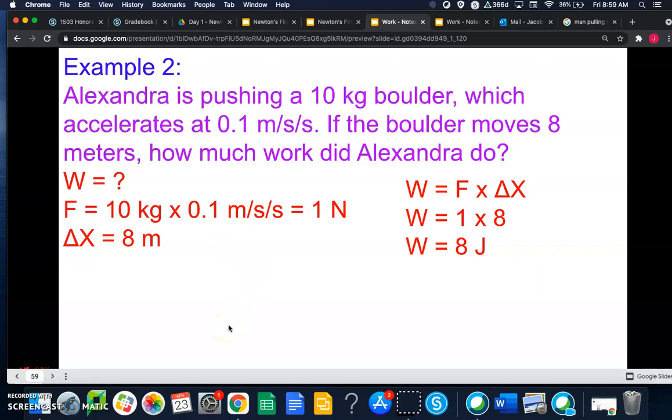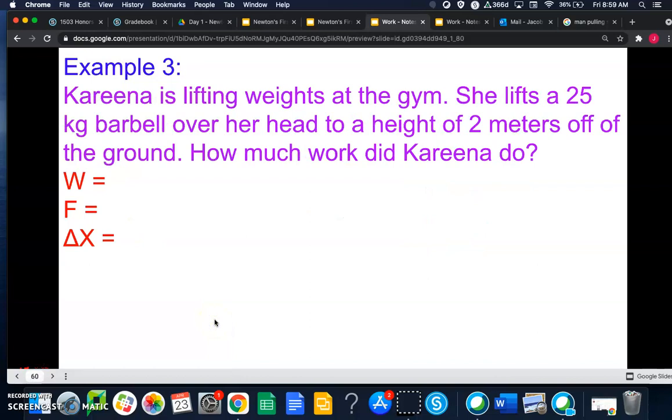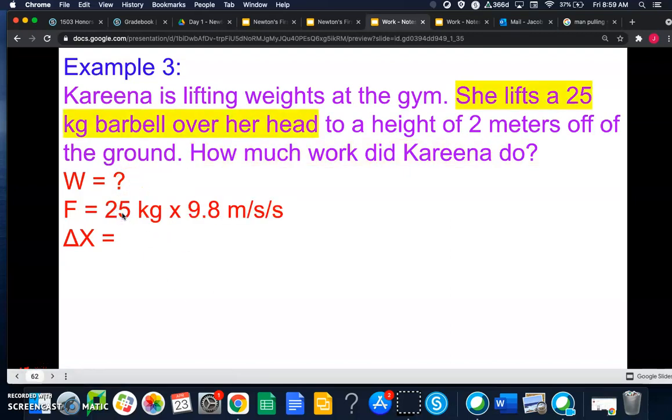Okay, so then one more example. This one's going to be kind of like example 2. Karina is lifting weights at the gym. She lifts a 25 kilogram barbell over her head to a height of 2 meters off of the ground. How much work did Karina do? So again, we're looking for work. For the force, we're going to take 25 kilograms and then we're going to multiply it times 9.8 meters per second per second.